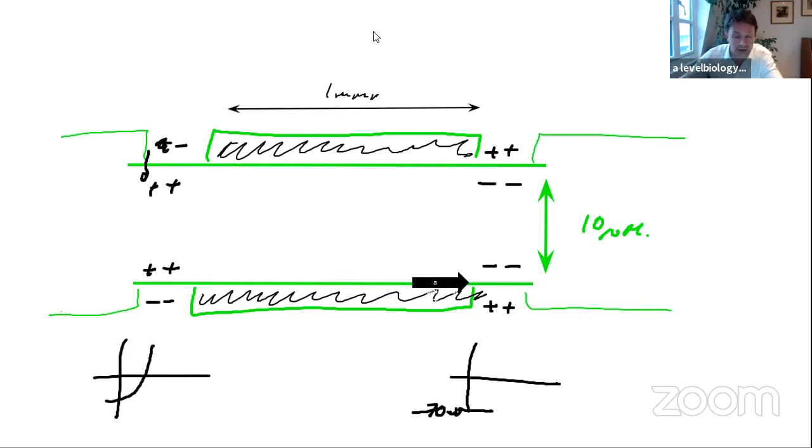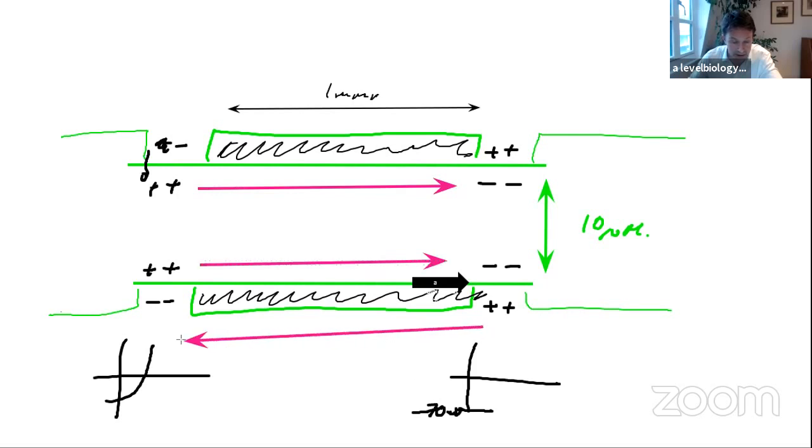Now, those positively charged sodiums will, in exactly the same way as the local circuit set up in an unmyelinated axon, be moved towards where it's negatively charged, and the positive charge on the outside will be attracted towards where there is a negative charge at the previous node of Ranvier.